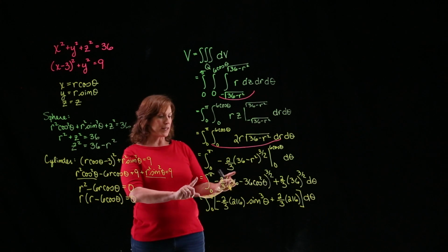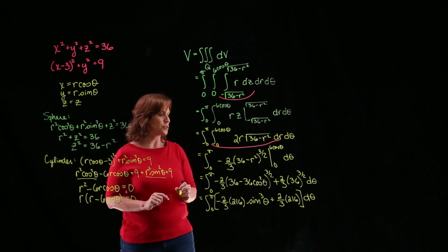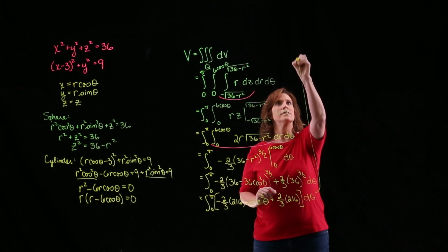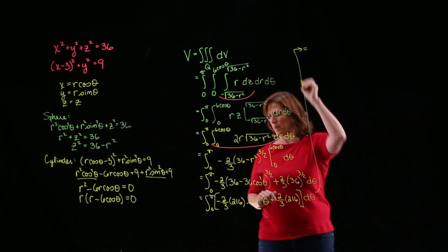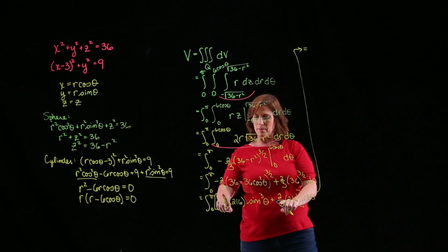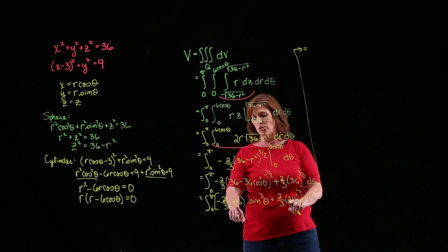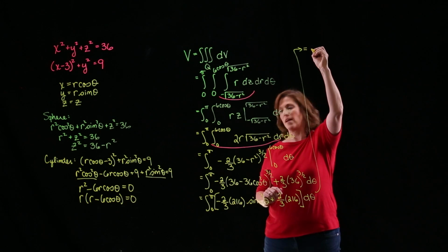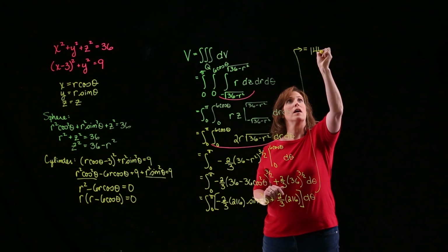Okay, well, I see a lot of things that are similar, some constant multiples. So let's go ahead and pull those constant multiples out. So I'm going to take the minus 2/3 times 216. That's actually 144. So I'm going to factor out 144.